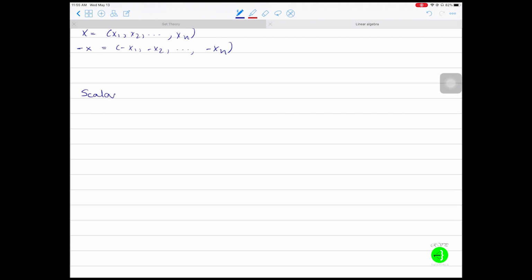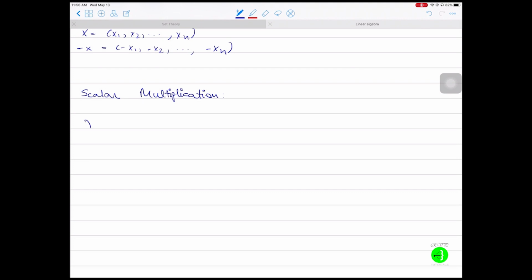The next thing we talk about is scalar multiplication. The term scalar means a number: 1, 2, 3, 5, 10, minus 8, any number. We just use this term scalar, it's a fancy word for number, because now we are talking about vectors, and we will see in later videos that vector multiplication is also a thing. So just a normal multiplication is called scalar multiplication.